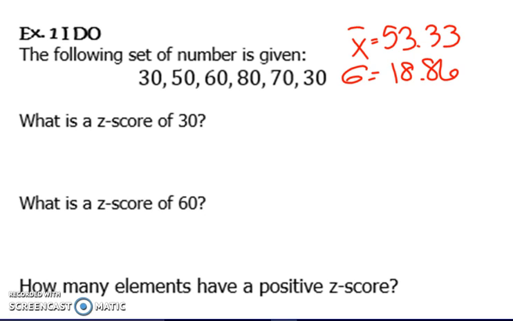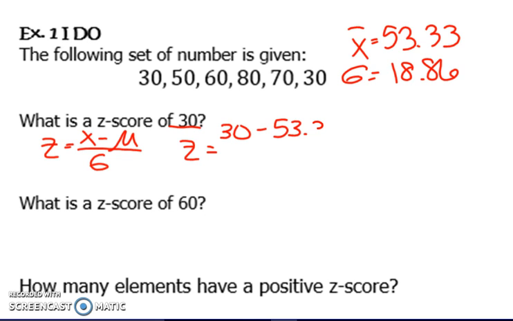Now, for a z-score of 30, z equals x minus mean over standard deviation. Well, we know my element is 30 because that's my score, minus my mean, and all over my standard deviation.